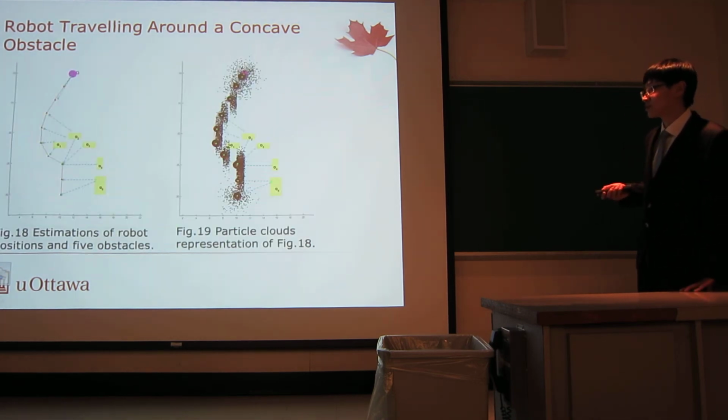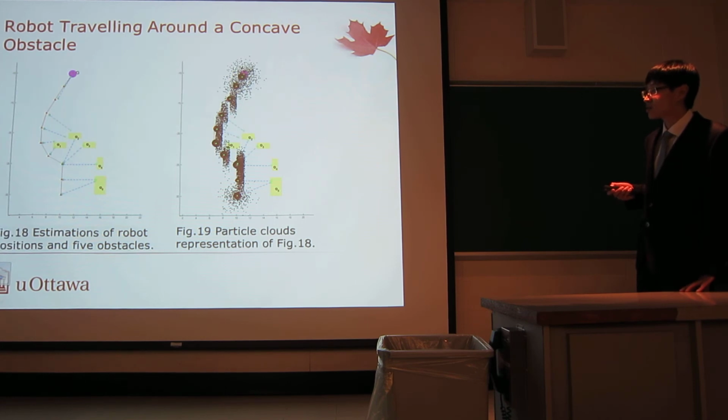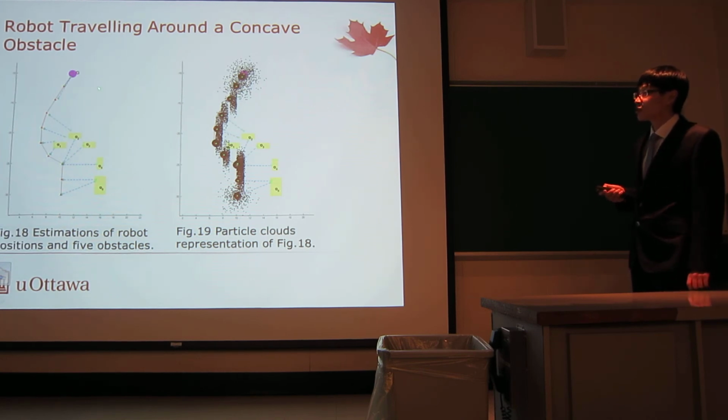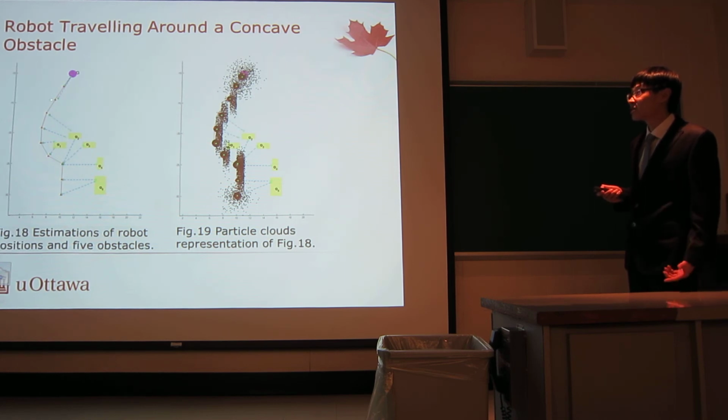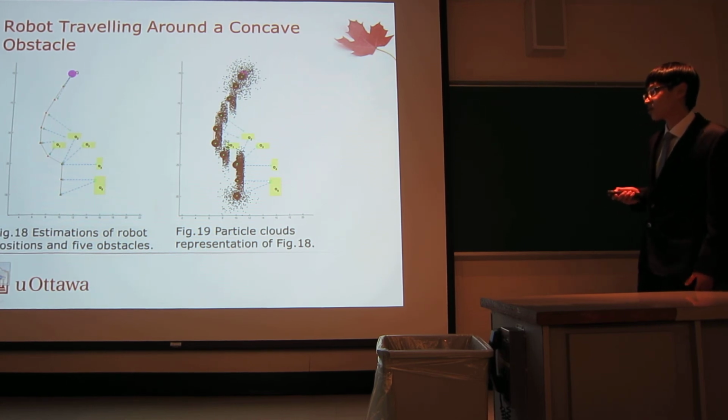And still, figure 18 is the estimation of robot position, which is shown in green square, and the estimation of obstacles, which is shown in green asterisk. And finally, the estimated robot path and ideal robot path converge in the end. And figure 19 is a particle cloud representation of figure 18.